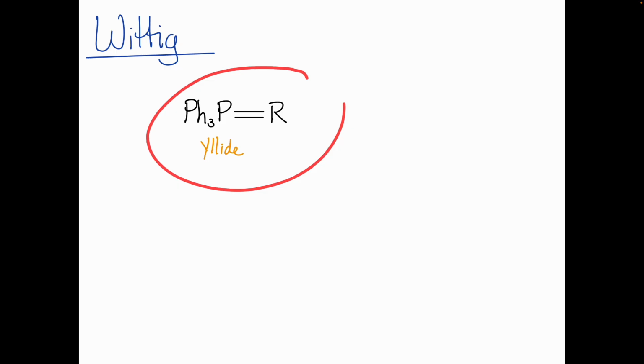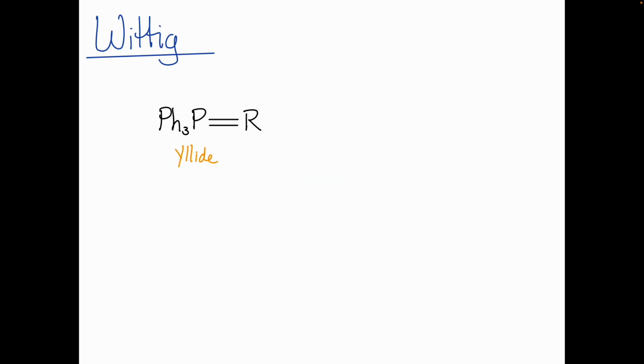All right, so Ph3P, what does that mean? That means we have a phosphorus that's got three bonds. Does anybody know what the Ph is? Ph is a phenyl group, which is another way of saying a benzene ring. So we have this phosphorus atom bonded to these three big old benzene rings.